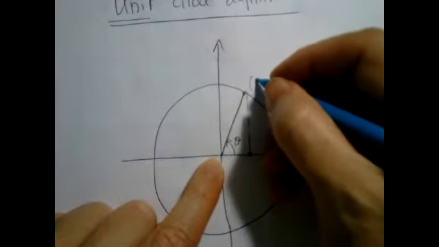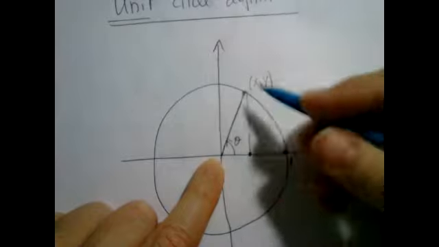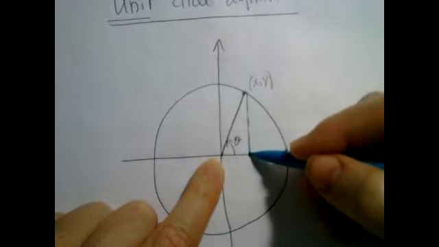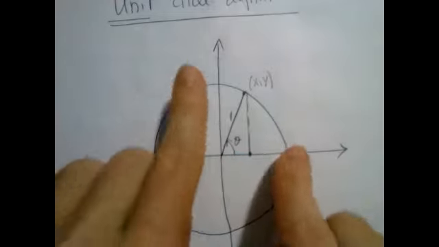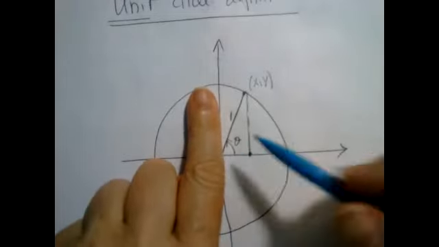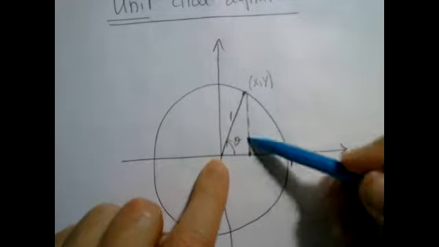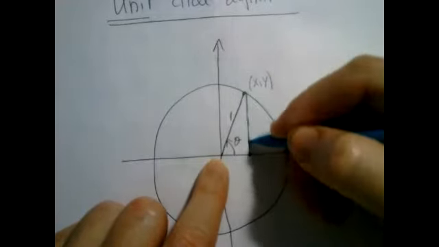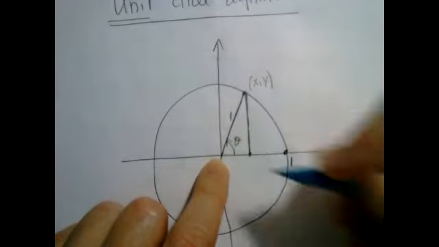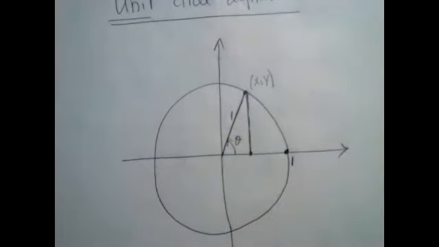If this point is x and y, from here to here I have a y, and this is a 1. So if I am in the first quadrant, because the angle is less than 90, the definition of sine is the same as the definition we just saw. It's y over the hypotenuse, which is 1. So we don't change the definition.